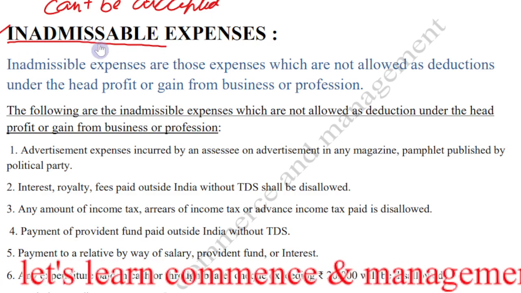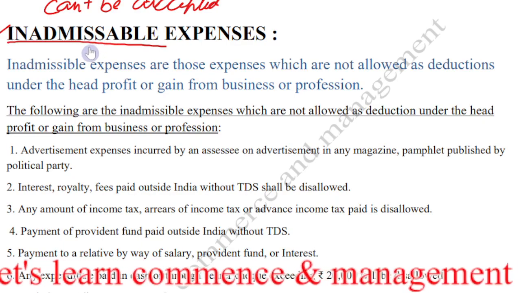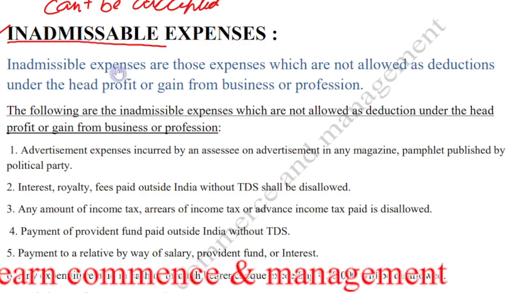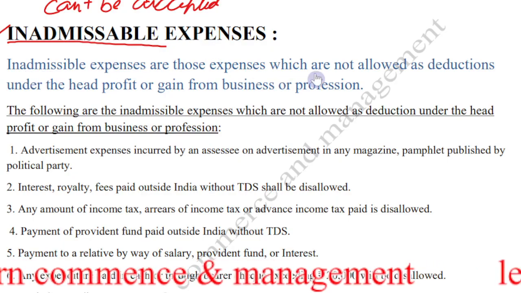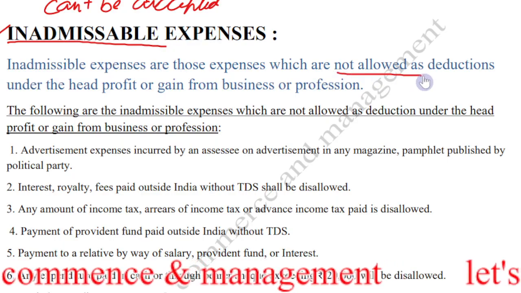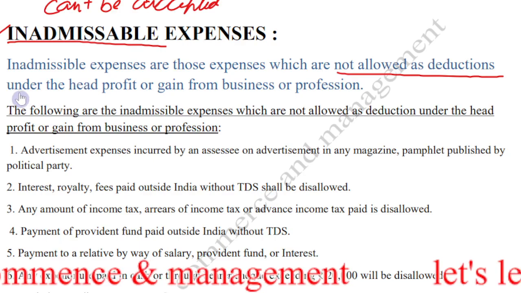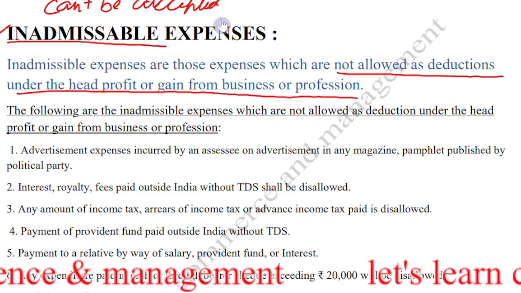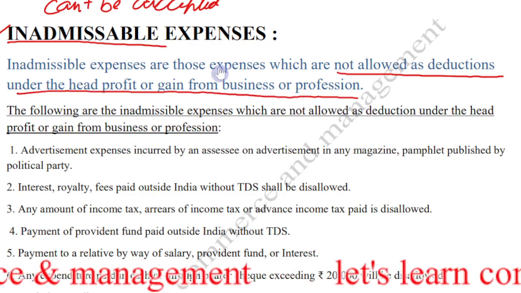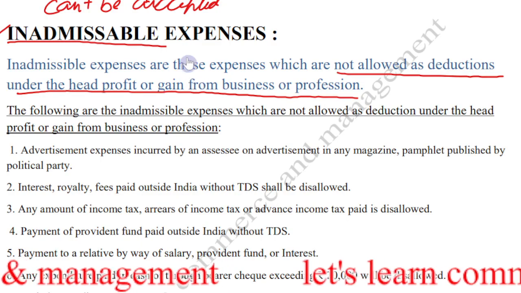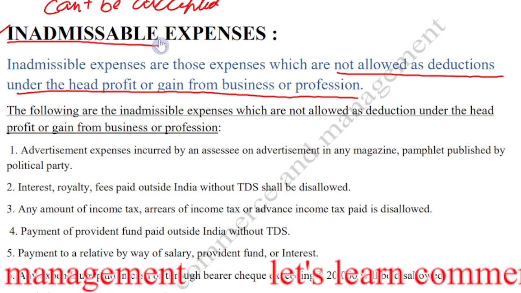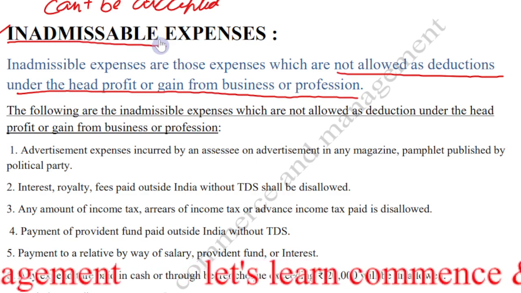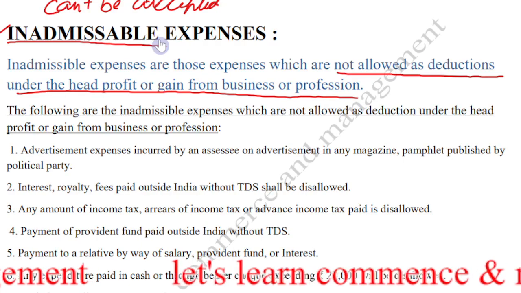Inadmissible expenses are those expenses which are not allowed as deduction under the head profit or gain from business or profession, which cannot be accepted as a valid expense. Hence, there is no deduction allowed for the same.